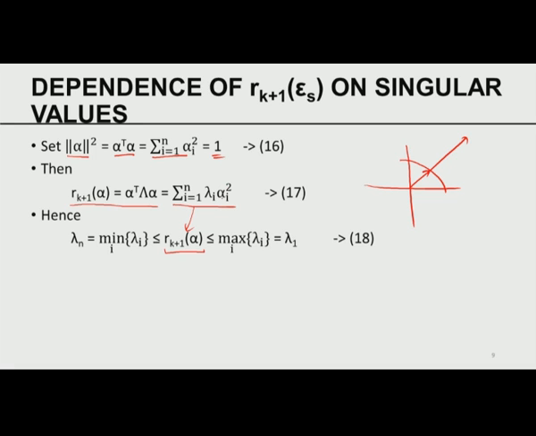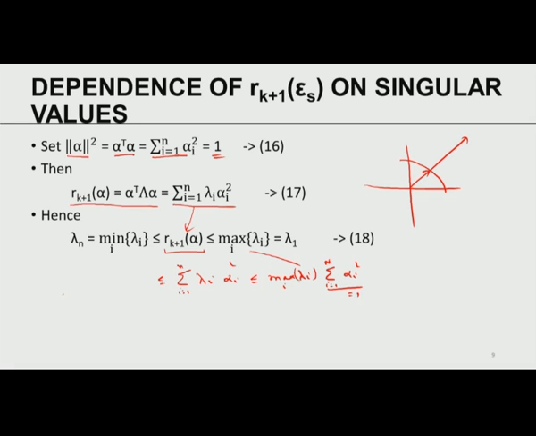Since the sum of alpha i square is 1, you can readily see that the sum of lambda i alpha i square, i equal to 1 to n, is less than or equal to the maximum over i of lambda i times the sum of alpha i square, i equal to 1 to n, and that is equal to 1. So that gives rise to this.